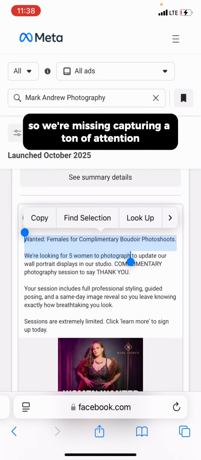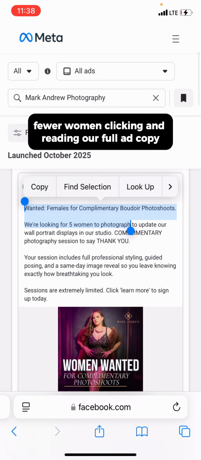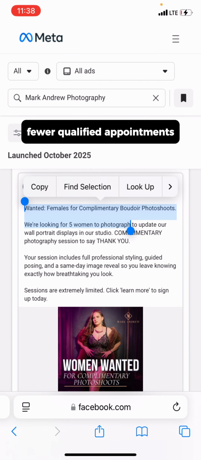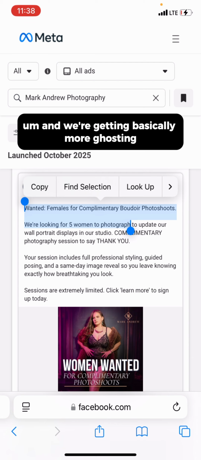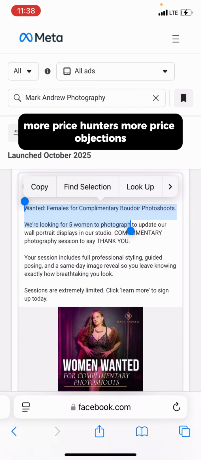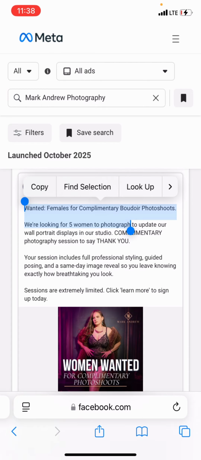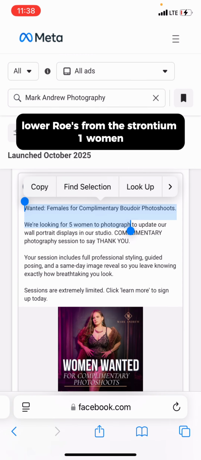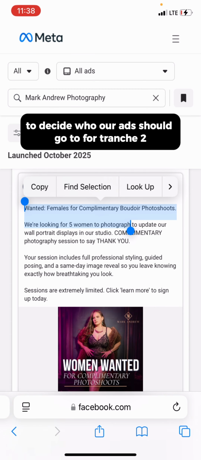So we're missing capturing a ton of attention. So we're going to have way more women scrolling by, fewer women clicking and reading our full ad copy, which means fewer women are getting pre-qualified, which means fewer qualified leads, fewer qualified appointments. And we're getting basically more ghosting, more price hunters, more price objections, more tire kickers, which results in fewer sales, lower revenue, lower bookings, fewer conversions, lower ROAS from these tranche 1 women, which feeds back into the Meta ad algorithm to decide who our ads should go to for tranche 2.